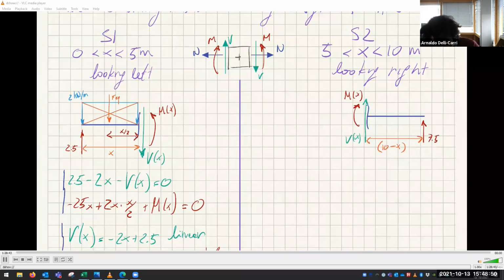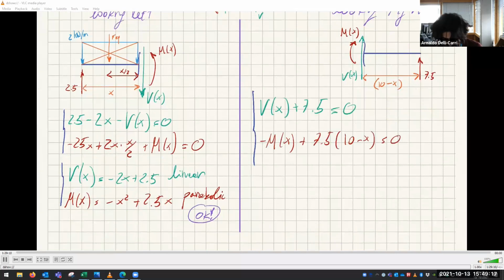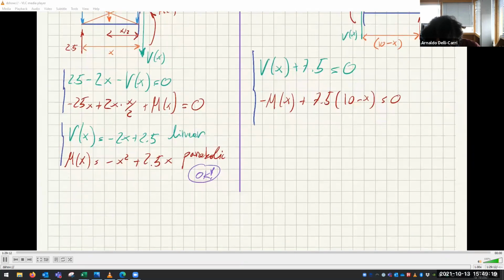Okay, now that we have this, let's do the equilibrium equations. So we have v of x plus 7.5 equals 0. And for the moments, we have minus m of x plus 7.5 times 10 minus x equals 0. So let's rearrange this as well.